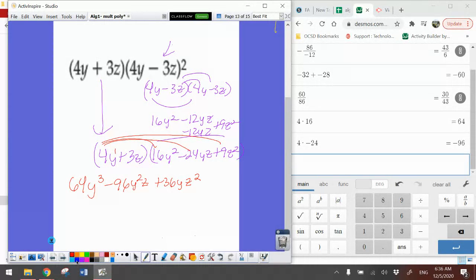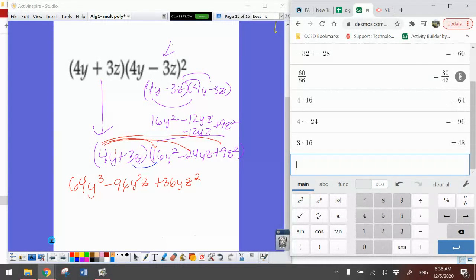Okay, now I need to go to the bottom. 3 times 16, if I don't know that one, that's going to give me a 48. Oh, wait, that's going to be a y squared z, so that's going to go underneath this one. So positive 48y squared z.